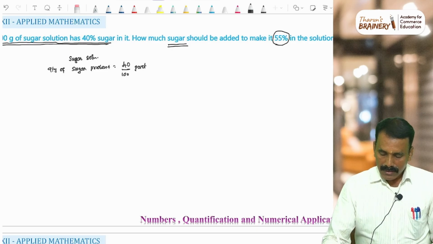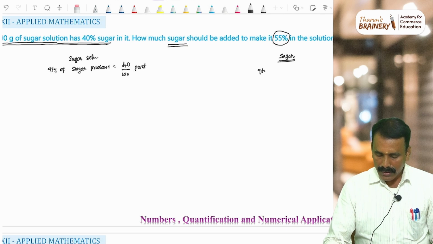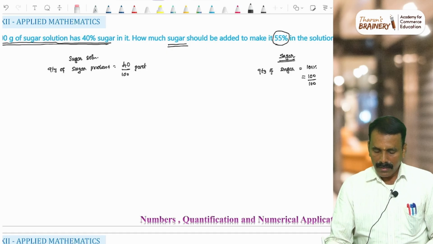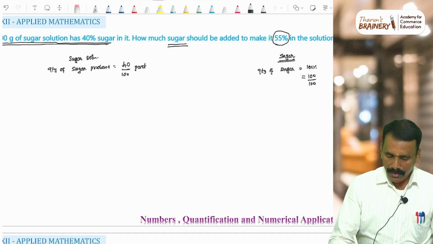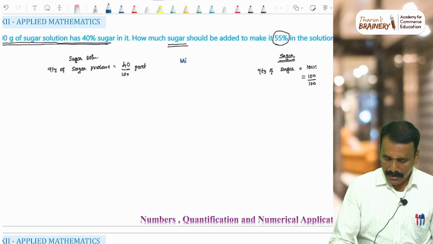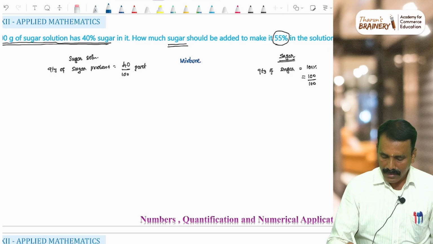And the next one is sugar we are going to add. It is going to be full of sugar, so the quantity of sugar present will be 100%. So it is 100 divided by 100. In the mixture, we are going to have a mixture, correct? In that mixture, it is going to have 55% of sugar.